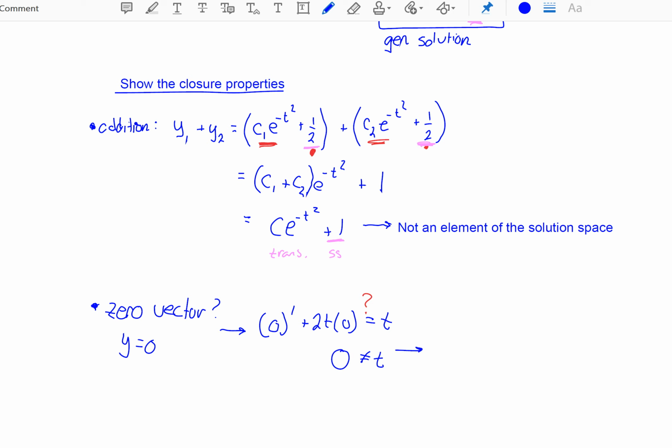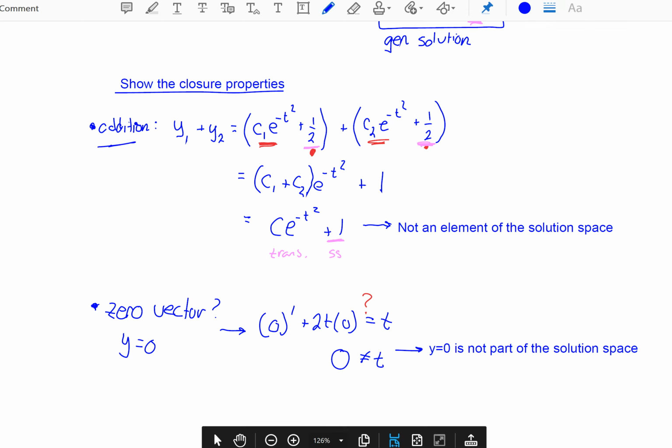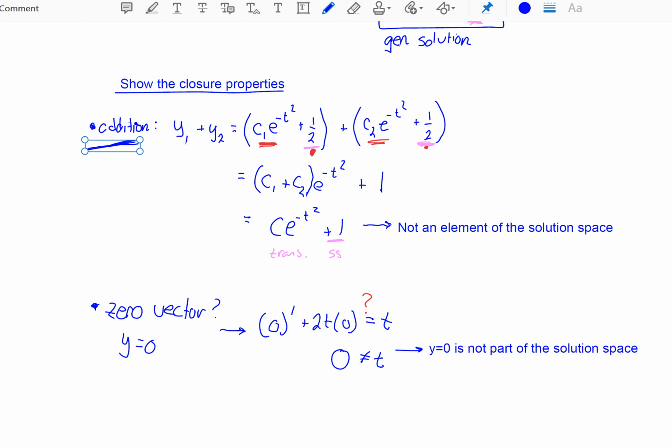And so my conclusion with this would be y equals 0 is not part of the solution space. And maybe that would have been an easier one to check rather than going through the closure of addition property.